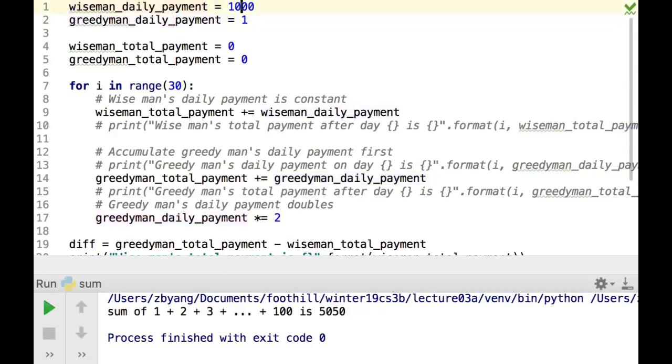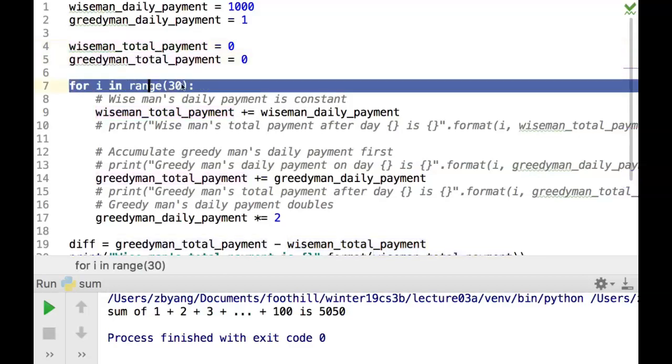For the $1,000, I call it the wise man's daily payment to the greedy man, and then obviously the greedy man's daily payment, which starts at 1, but it's going to change. And then there are two variables for total payment for the wise man and the greedy man.